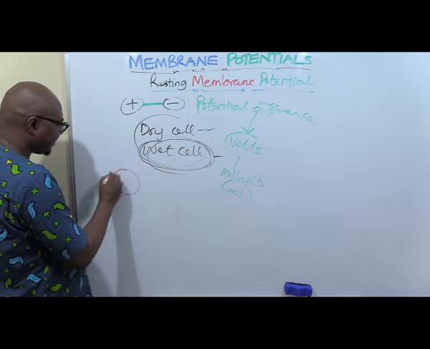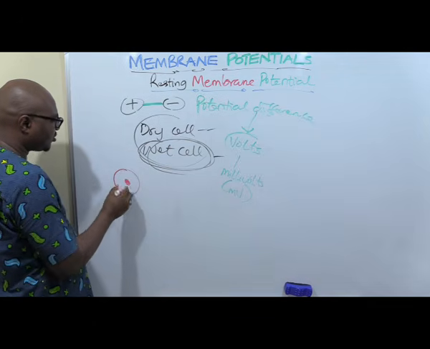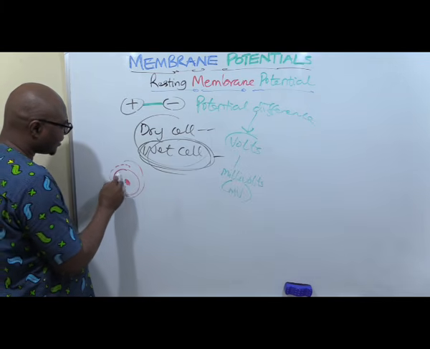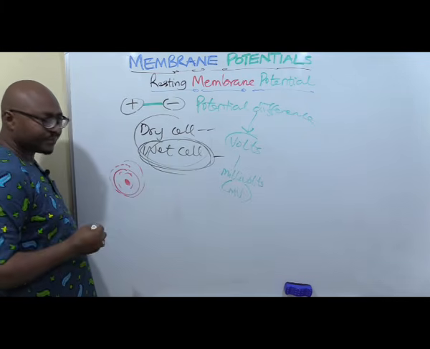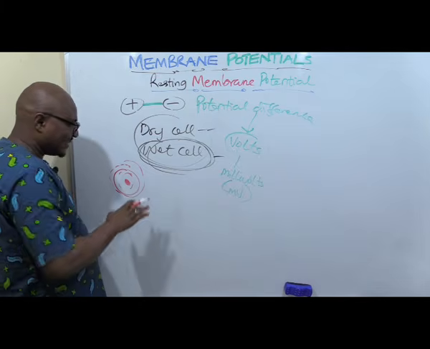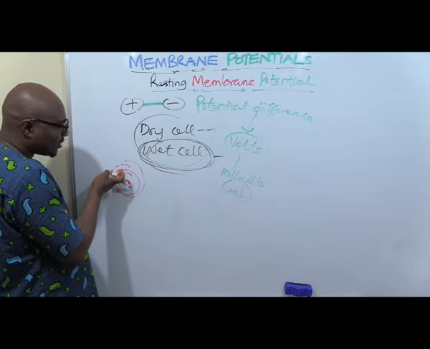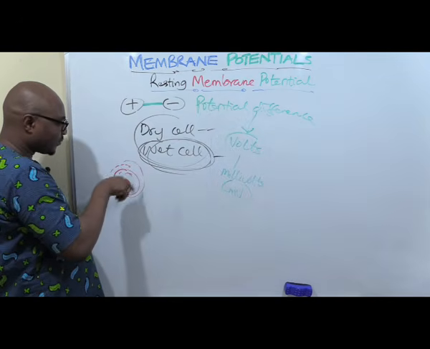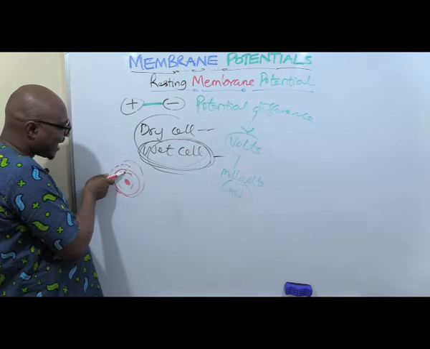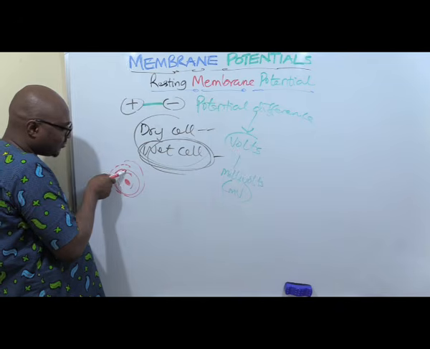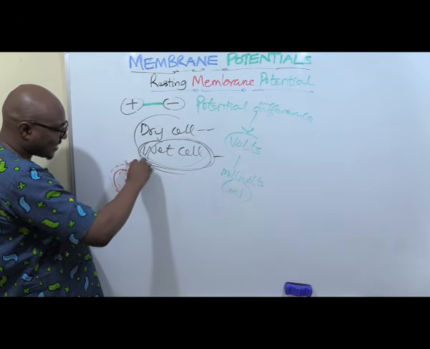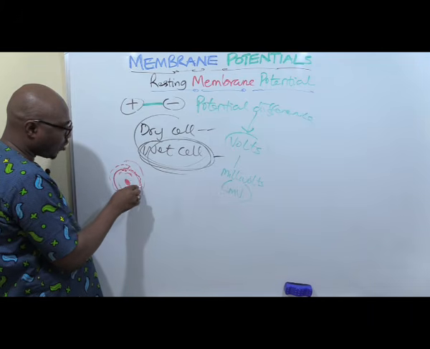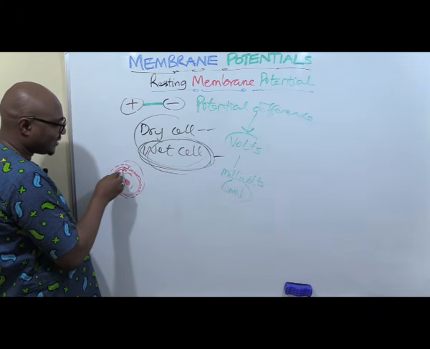Now there are 2 reference points. This is like a cell, the nucleus. Then extracellular fluid is surrounding it, and it has intracellular fluid. The charges that are close to the membrane are dealing with membrane potentials. The charges close to the membrane align themselves to the membrane. The ones outside also align themselves close to this membrane. They are concentrated more at the membrane.